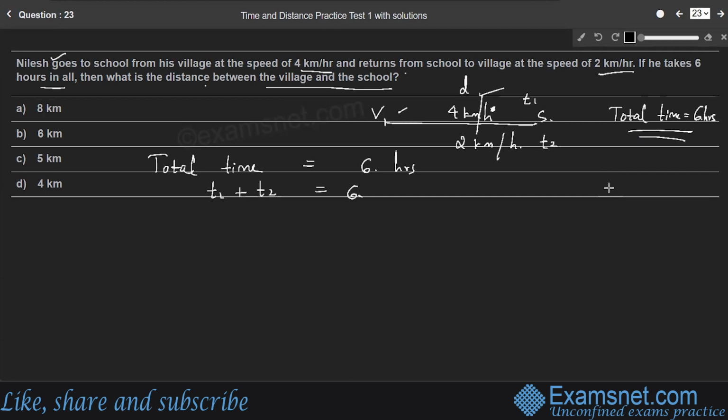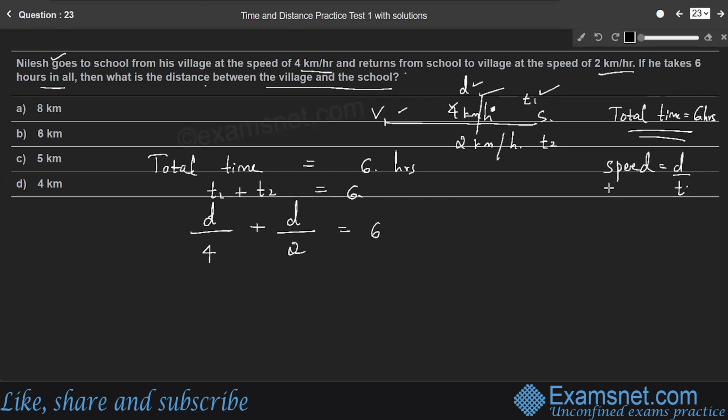So what is T1 in terms of distance and speed? T1 means the time taken by him while going to school. Since speed is distance by time, time becomes distance by speed. Here distance is d, speed is 4 km per hour, plus T2 is again the same distance by speed, which is equal to 6 hours.